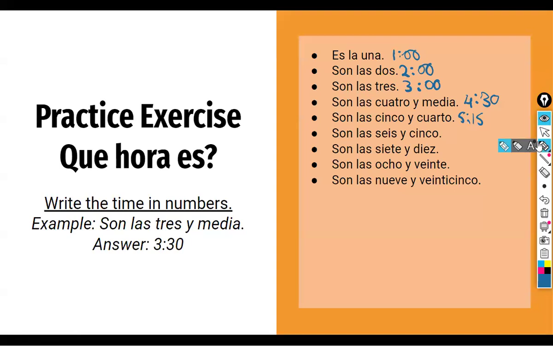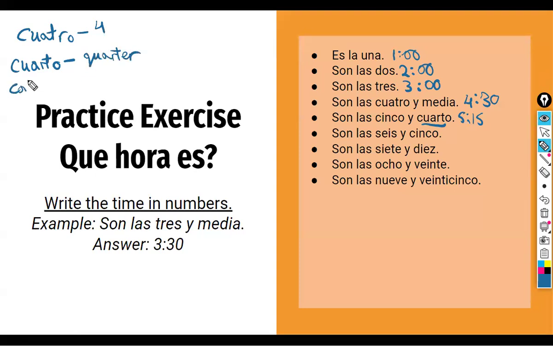All right, so cuarto is quarter. Let's just make sure we know this. Cuatro is 4. Cuarto is quarter.